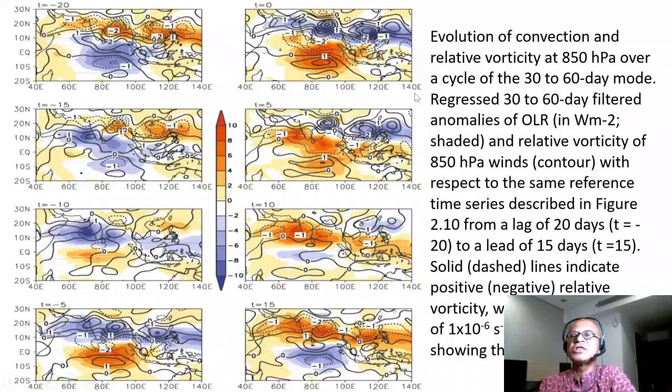This is just showing the evolution of convection and relative vorticity at 850 hectopascal, of a cycle of the 30 to 60 day mode, regressed 30 to 60 day filtered anomalies of OLR and relative vorticity at 850 hectopascal with respect to the same reference time series that we saw before, from a lag of -20 here to +15.